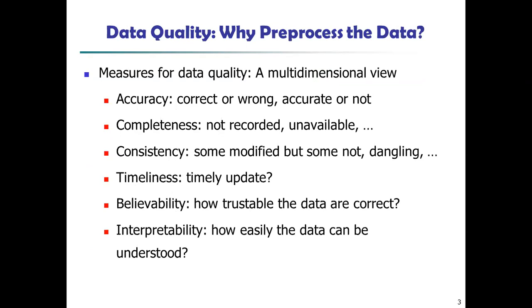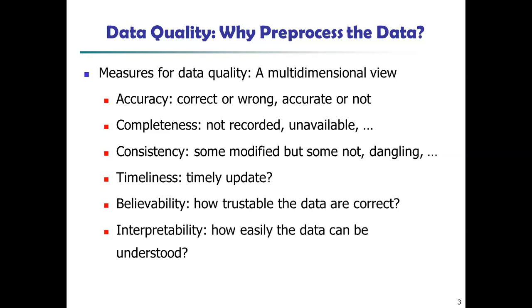For example, if you take inconsistent data as input, you convert it into consistent data. That's the reason for pre-processing the data: to maintain the quality of that particular data. That's the reason you perform data pre-processing.